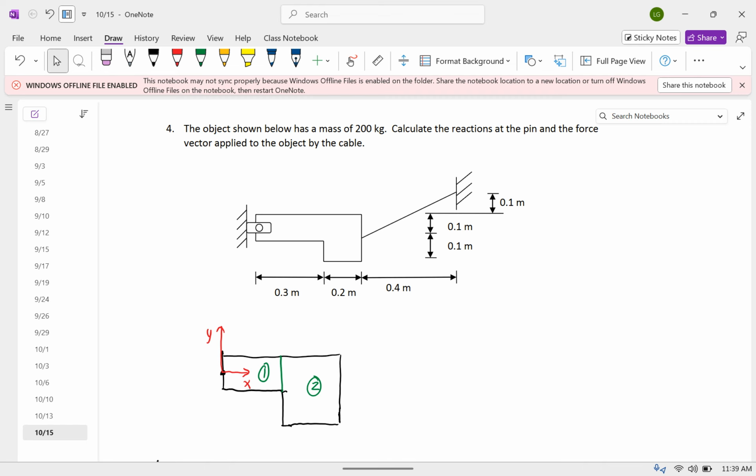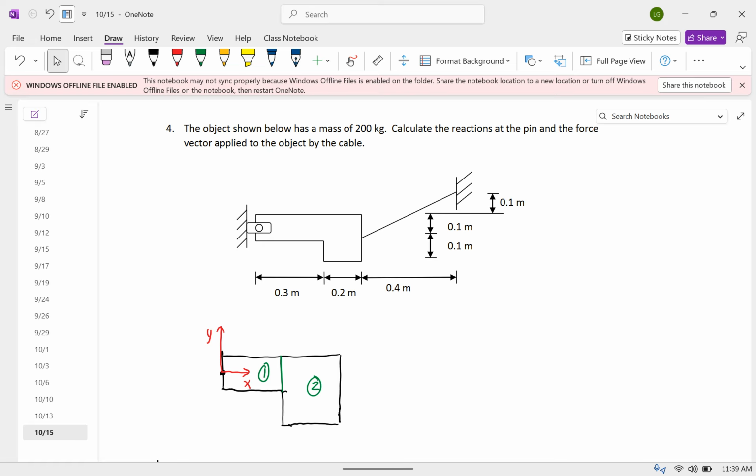In these figures I make, if something looks like it's at a midpoint, it's at a midpoint, if it doesn't say anything else. So I know that this pin is halfway down here. And this is 0.1 meters, the whole height of it. So halfway down is 0.05.